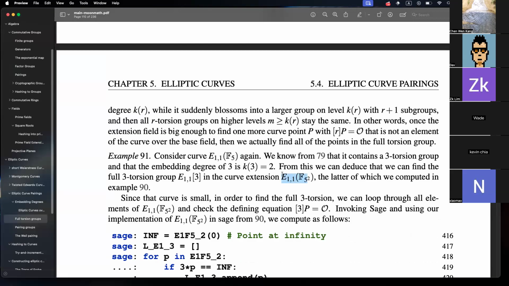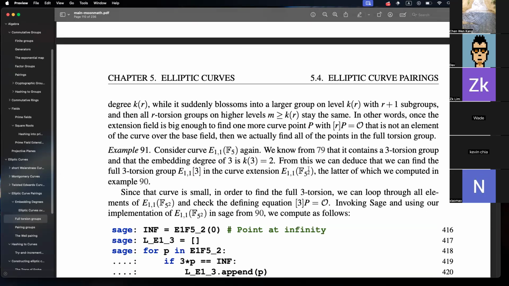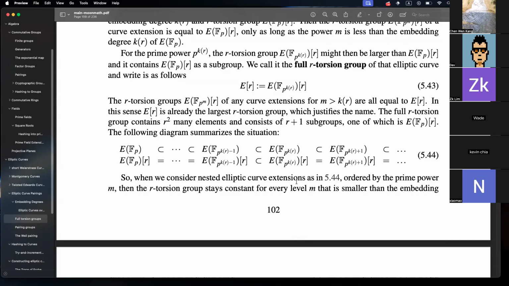So if you calculate, let's say, E over F_11 or F_5, the base field, the R torsion for that doesn't contain all the possible points. But if you calculate this, you basically get everything. So that's why it's called a full torsion group, I think. It's not the full subgroup, but all the points in all the subgroups. I suppose that's the correct way of saying it. All the possible points in your subgroup.